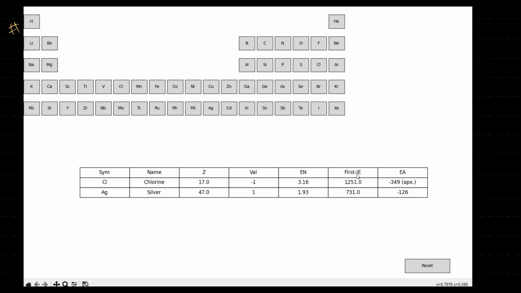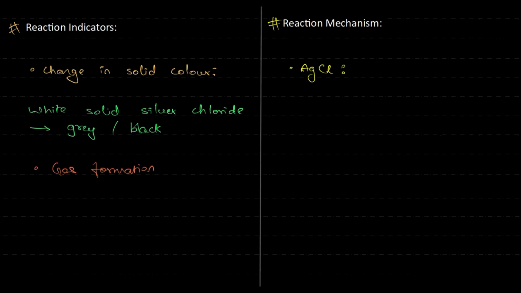The first ionization energy, they have a difference of 500 over here. Electron affinity, both want electron, and so on and so forth, right? So we can clearly see that both want electron. So this behaves like an ionic bond and to some degree a covalent bond as well. Okay, so that's how it behaves.